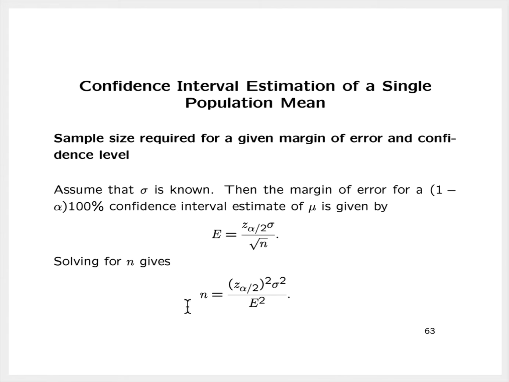And so what we get is this formula for the sample size in terms of the confidence level, which is carried into this equation by the z value, the interval coefficient, in terms of the variability of the population expressed through the population variance, and then also in terms of the desired margin of error.